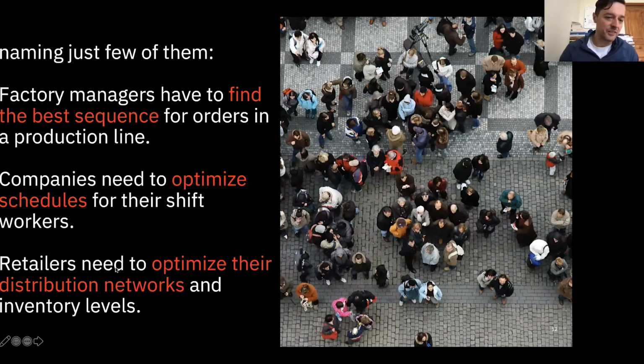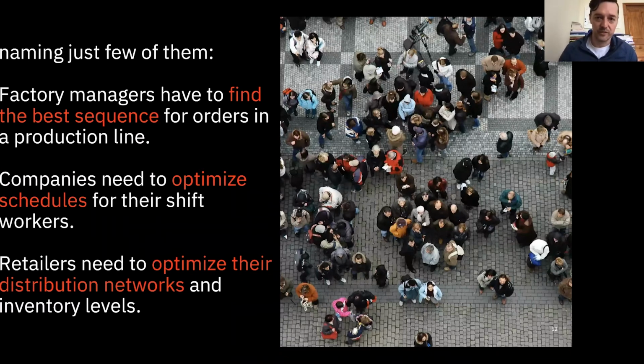Another thing: retailers need to optimize distribution. We are all buying e-commerce right now in the COVID times. So, for example, there is a trade-off between having products on the shelf, where somebody buys it and you sell the product, and the other option, where somebody buys and you order that product and wait for it to come to you and then to the end client.